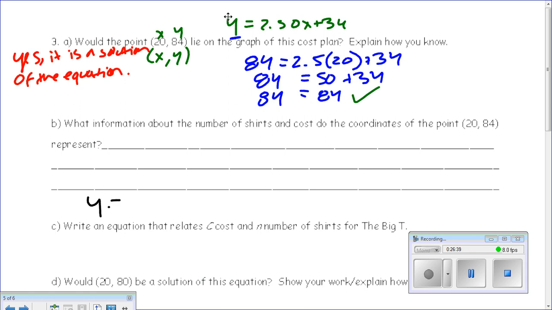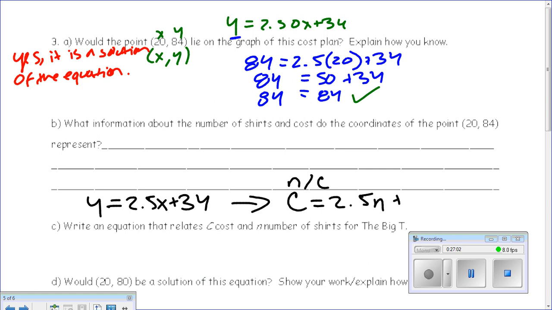Y equals 2.5x plus 34. If I recreate that, like stated in our table, because they gave us n and c, not x and y, this would really be my total cost equals 2.5, depending, is one shirt. So this would be 2.5n plus 34.